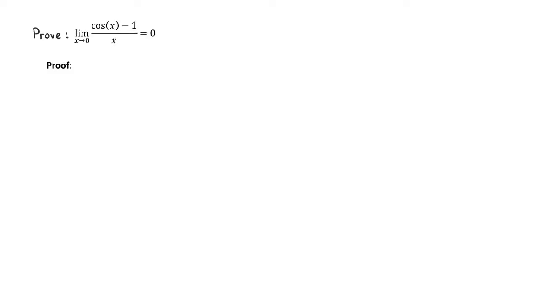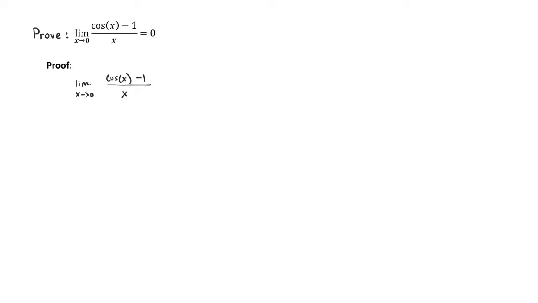So starting with the left side, we have the limit as x approaches 0 of (cosine of x minus 1) divided by x. Now, you know that we're going to do some algebra. From your experience of trigonometric identities, what do you feel we have to do?